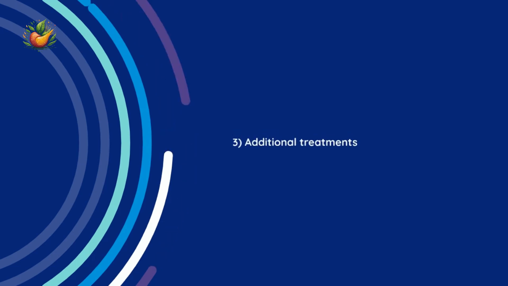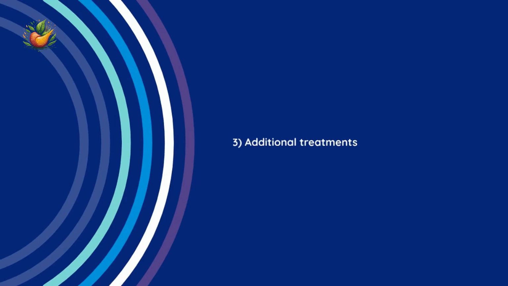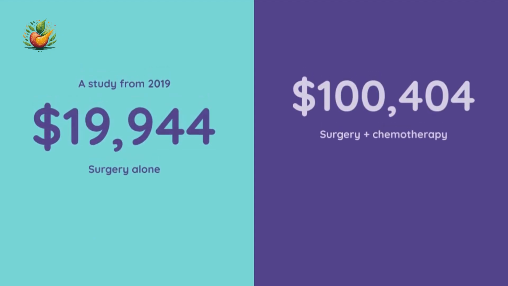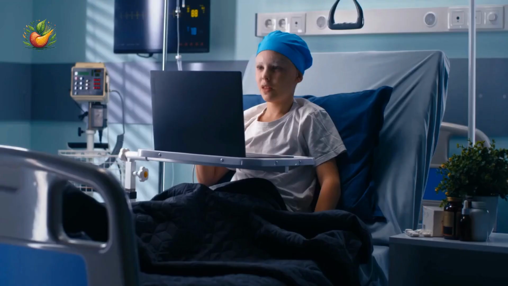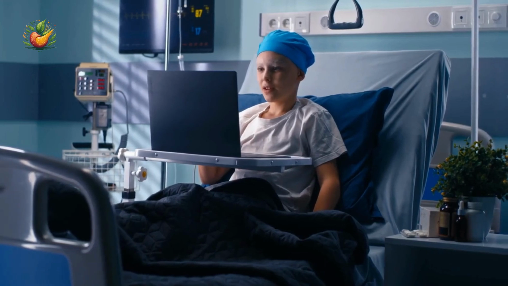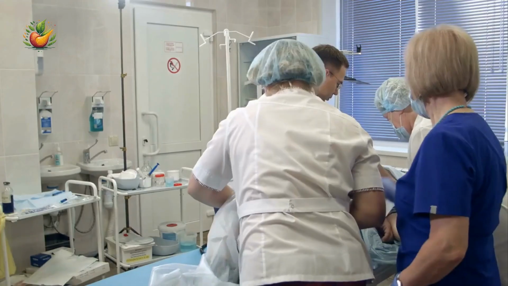Additional treatments: if chemotherapy or other treatments are involved, that will increase overall costs. A study from 2019 found the average cost of surgery alone was around $19,944, while combining surgery with chemotherapy could push the average cost to $100,404. For individuals without insurance, this can feel like an insurmountable mountain.